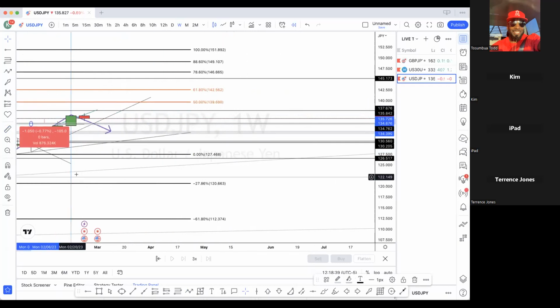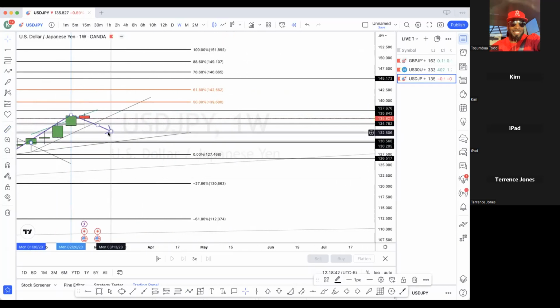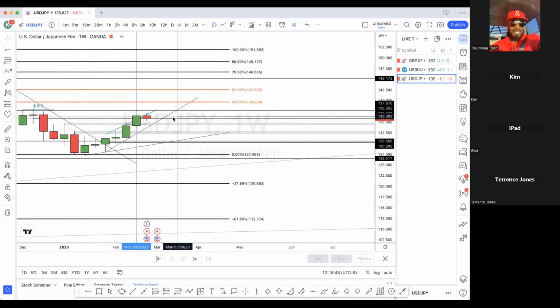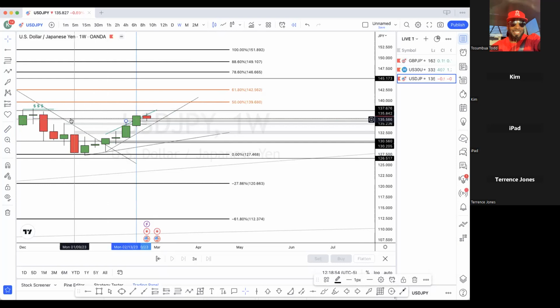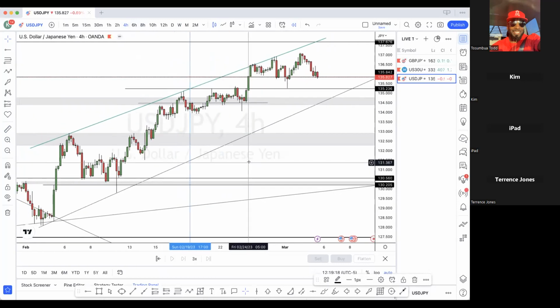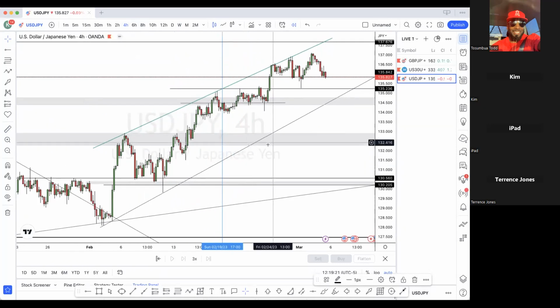I do see it coming back maybe 56 pips to close that imbalance. I don't have a problem with 56 pips. You got a bearish order block on the 4 hour. It can go 62 pips, but there is an order block about 100 pips down from where it is now. Yep, right here.